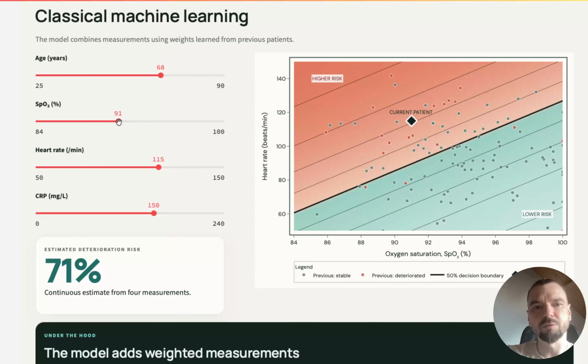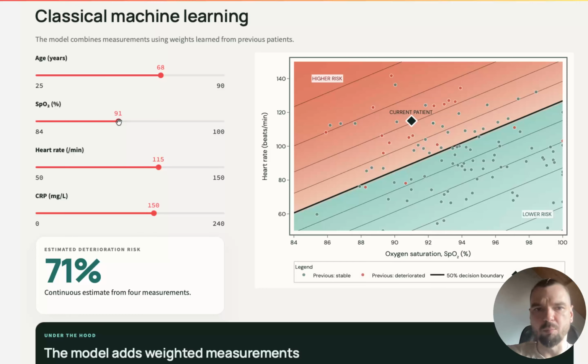But it's important to notice that a machine learning model never says whether a patient will deteriorate or not. It always provides some probability of the event, like 71%. And our goal is to make this interpretation. We will talk about this in the next episode, but as a spoiler, we do it based on our experience and the current needs and specifics of the disease.